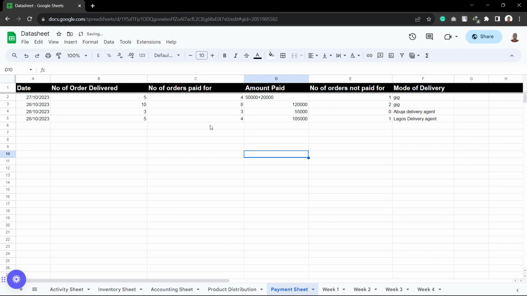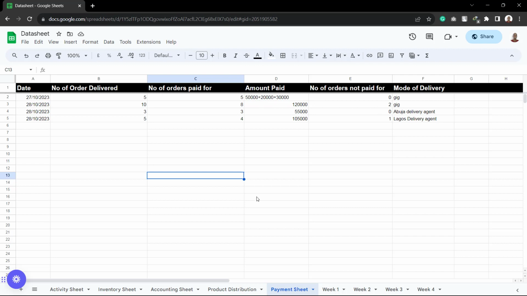If today again or tomorrow they make another payment, you just add it again, plus another, let's say 30,000, and the number of orders not paid for will be zero, and the number of orders paid for will now be five. So that way we know that all of the orders in this batch of items we have sent out have been paid for. It was paid for three times, and that's the essence of this plus plus plus.